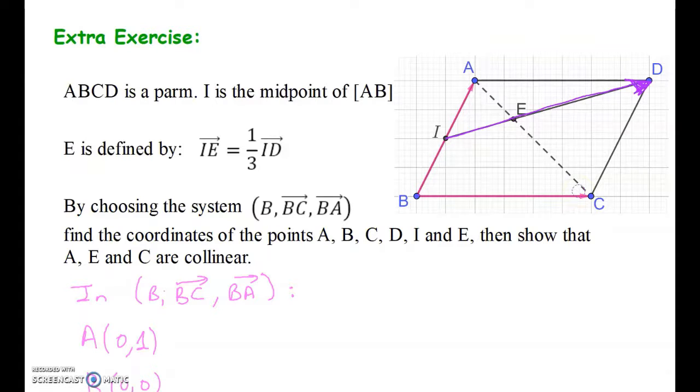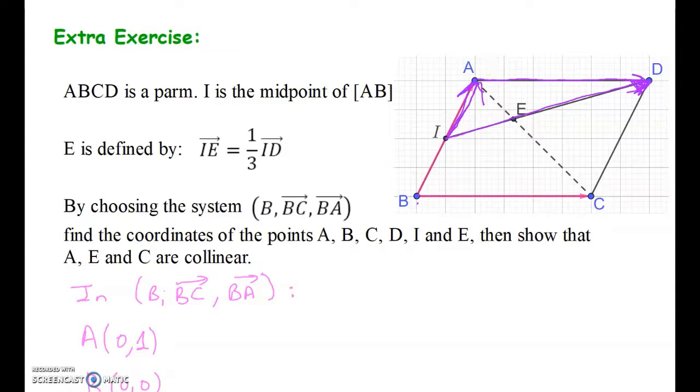So my goal is to decompose everything in IE in such a way to write it in terms of AB and AD. So we reached ID here. ID, I will write it as IA plus AD. Now, what's IA in terms of AB? Notice IA is half BA, so it is minus half AB. So I will replace IA by minus half AB, and AD will remain as it is.